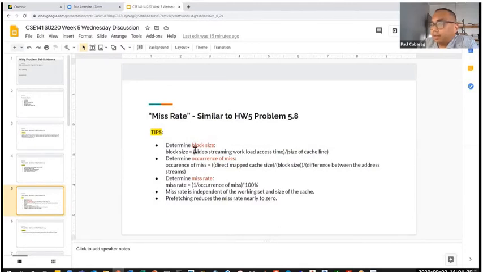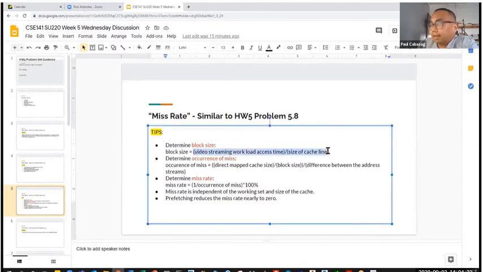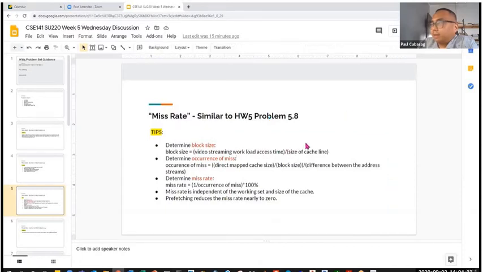I provided an equation here, and you've seen this before. You take this video streaming workload access time and divide it by the cache size.